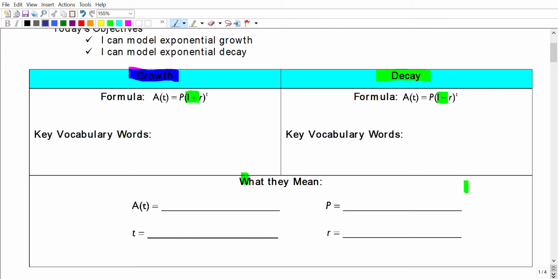So between growth and decay, notice that the A of t, the P, the R, and the T are the same in both of those equations. So let's write a few things here. A few key vocabulary words are initial amount, rate, time, and total, or an ending amount.